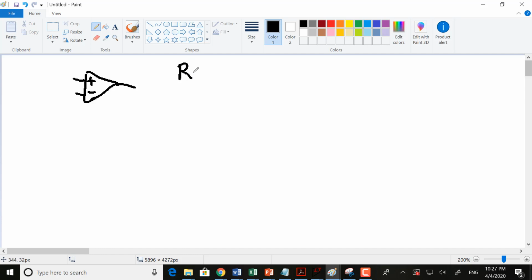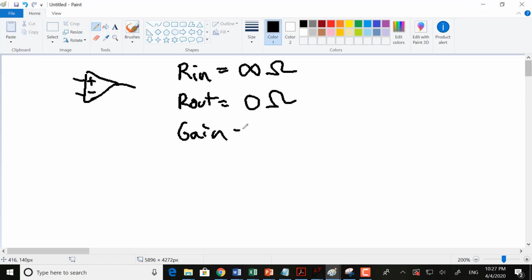There are three things you look for in an ideal op-amp: an infinite Rin, zero ohm Rout, and a gain equal to infinity.